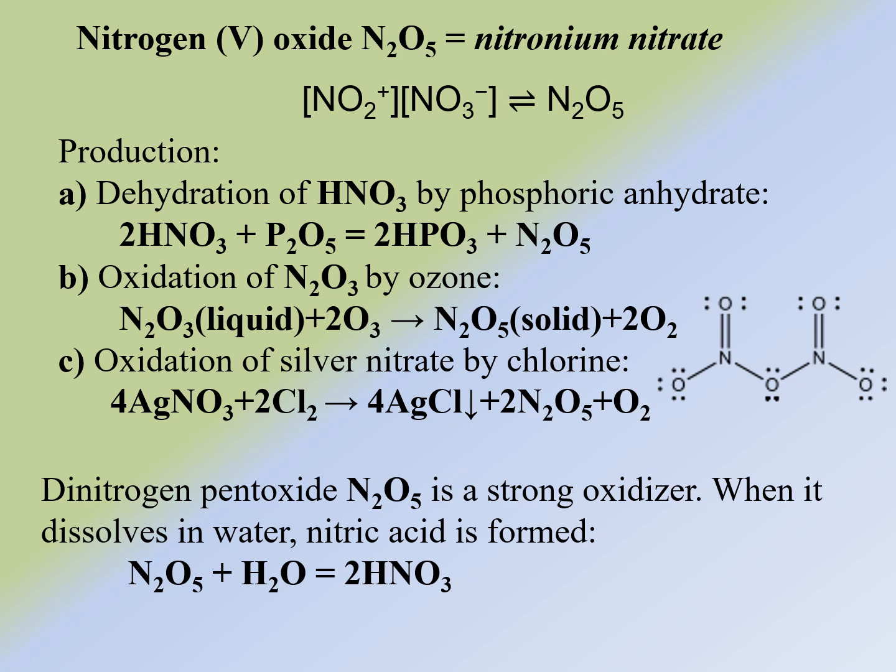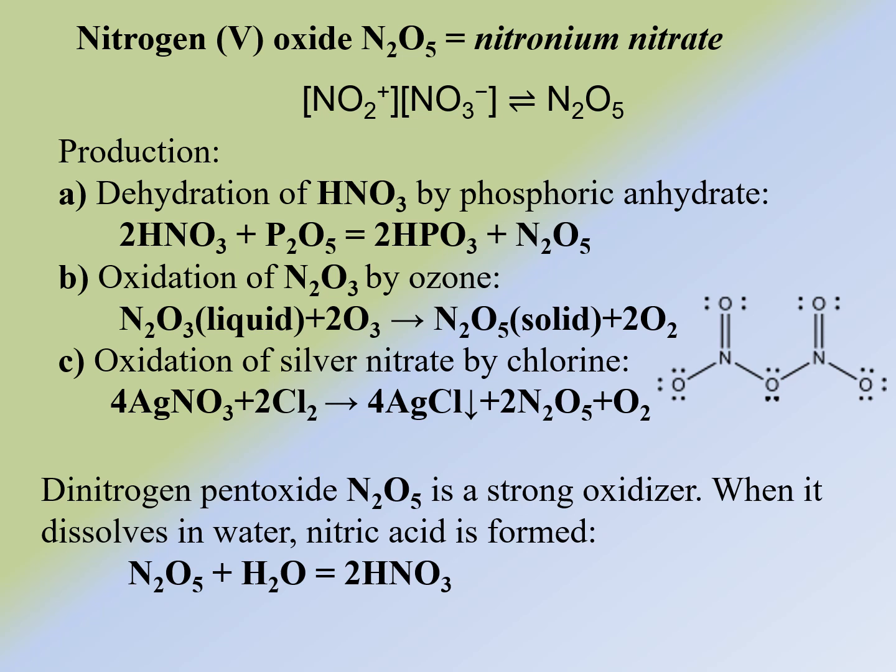Because there is a cation NO2+ and an anion NO3-. And we can call it nitronium nitrate. While at a higher temperature, as it turns into gas, it becomes a molecular compound with the structural formula that can be seen on this slide.